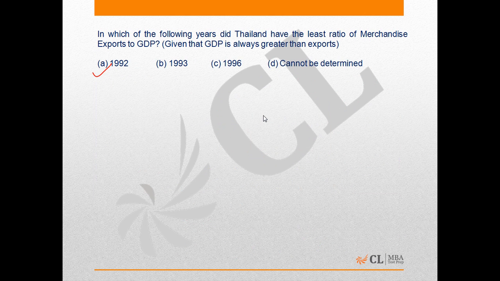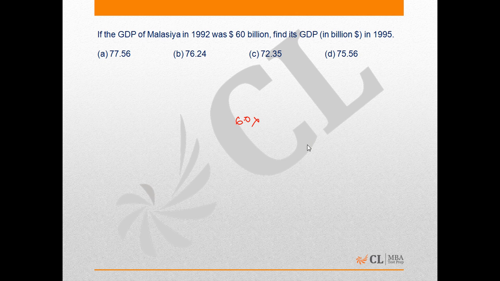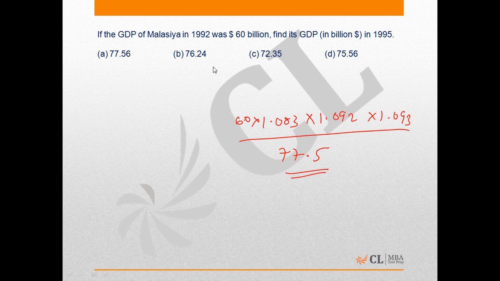Therefore, the required GDP will be 60 into 1.083 into 1.092 into 1.093, and this will be approximately equal to 77.5. Therefore, option A is the correct answer.